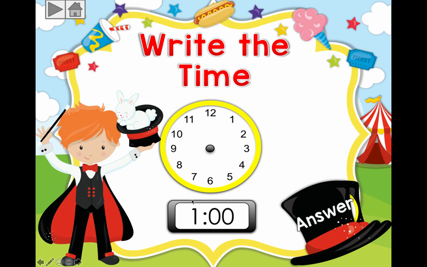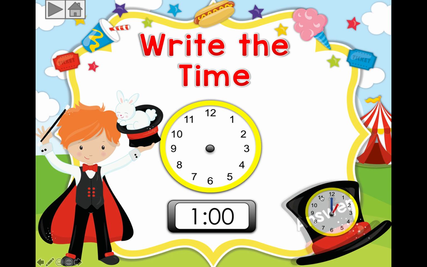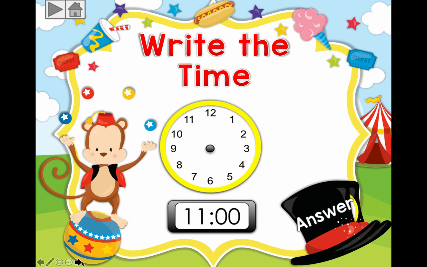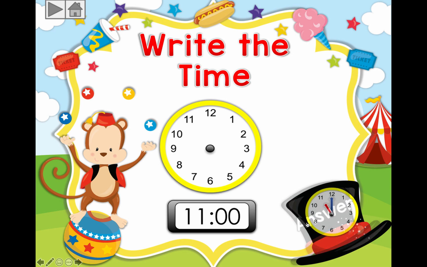Where would we put our minute hand and our hour hand for 1 o'clock? Our minute hand would be on the 12 and our hour hand would be on the 1. Here, how about 11 o'clock? Our minute hand would be on the 12 and our hour hand would be on the 11.